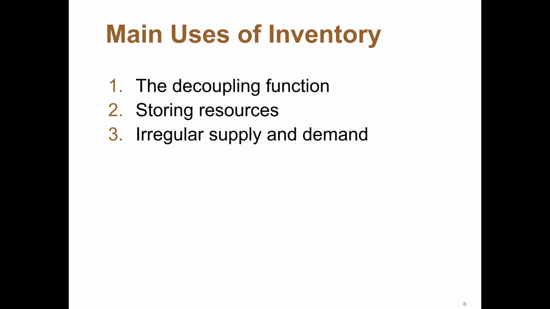Or demand for fizzy drinks changes with the weather and according to the seasons. In winter there is less demand for fizzy drinks, and in summer there is more demand. So this irregularity between supply and demand can be balanced out with the use of inventory.